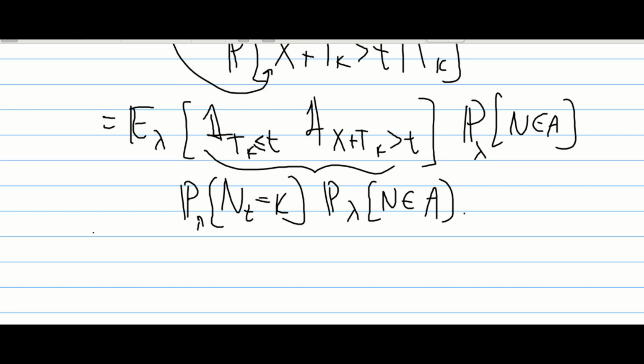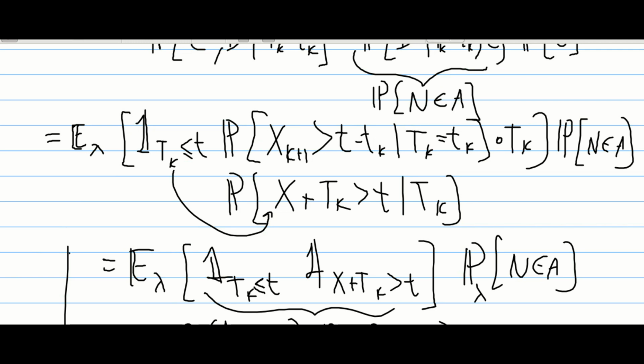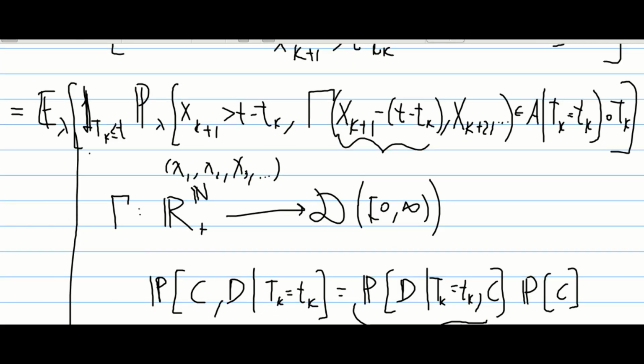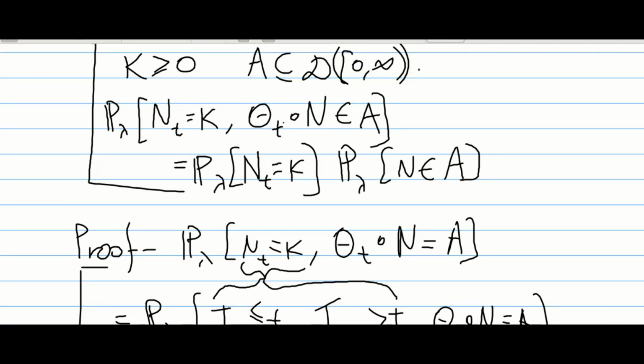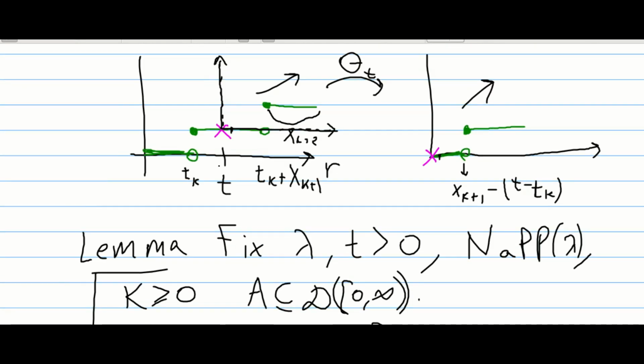This intersection turns into a product, and the product is removing this theta here. So this is a very nice statement saying that the number of arrivals that we obtain until time t is independent of what we see in the future, if we shift the future with theta.